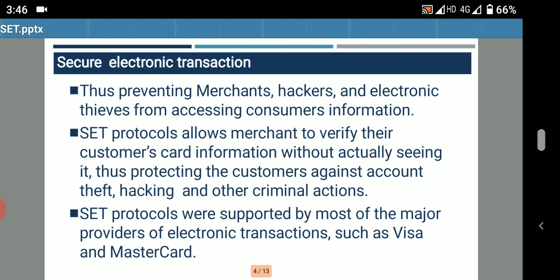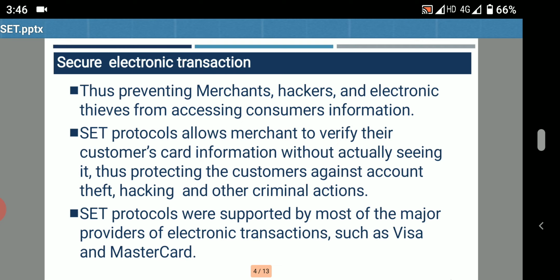Thus preventing merchants, hackers and electronic thieves from accessing consumers' information. So by using SET protocol, it prevents merchants, hackers and electronic thieves from accessing consumers' information. What kind of information? Like the account number, the account details, everything.